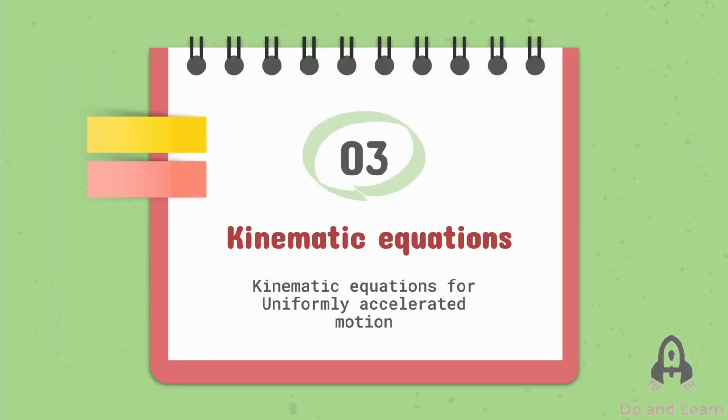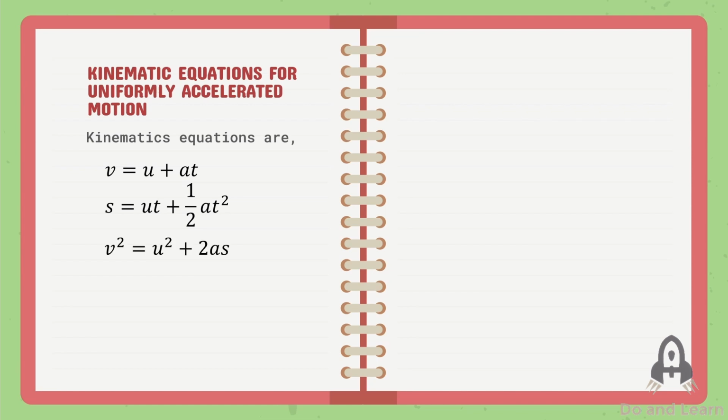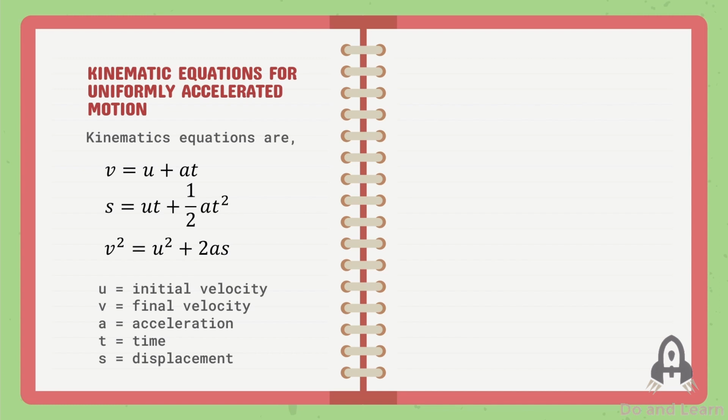Let us see how to derive the kinematics equations for uniformly accelerated motion from the motion graphs. These are the kinematics equations: v is equal to u plus at, s is equal to ut plus half at square, v square is equal to u square plus 2as, where u is the initial velocity, v is the final velocity, a is the acceleration, t is the time, and s is the displacement.